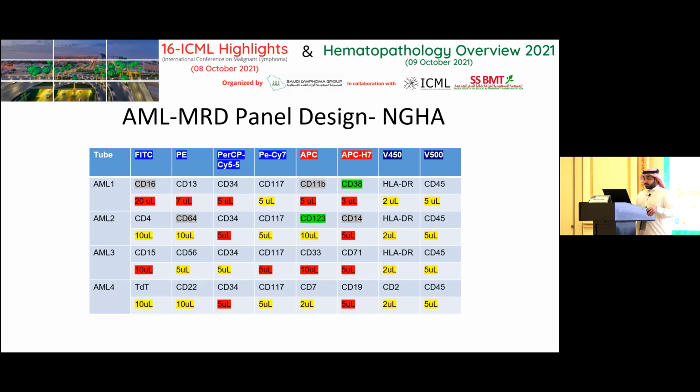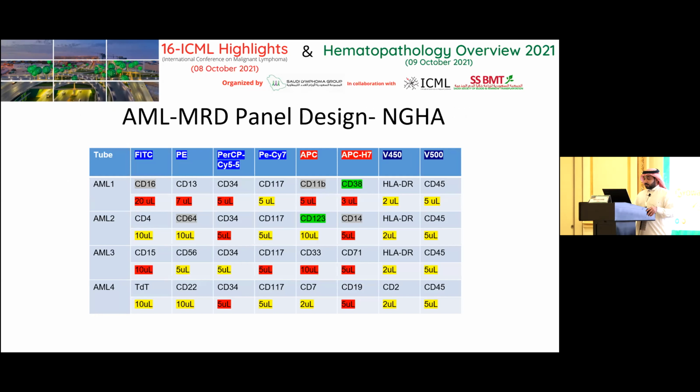The strategy for the MRD study: after we take the bone marrow, we screen antibodies by multiple assays at presentation of the bone marrow sample, with the identification of lineage and lineage-associated markers, to be identified as acute myeloid leukemia or acute lymphoblastic leukemia.